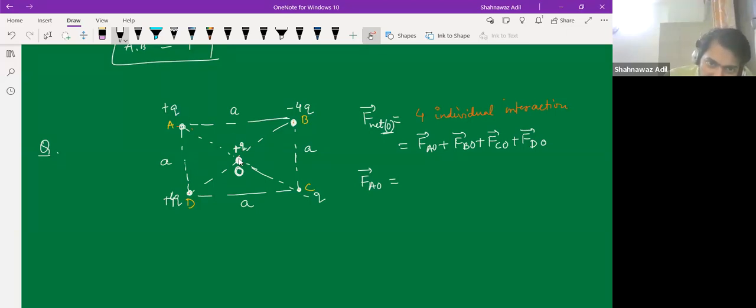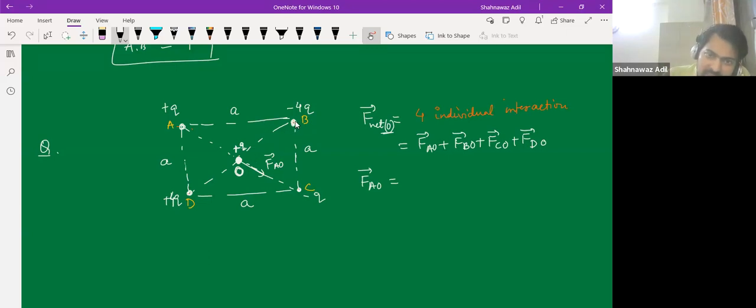So would the force be repulsive or attractive? Repulsive. It will not attract, it will repel in this direction. So this is FA. Clear? Yes, sir. Okay, so now we have got this FAO.